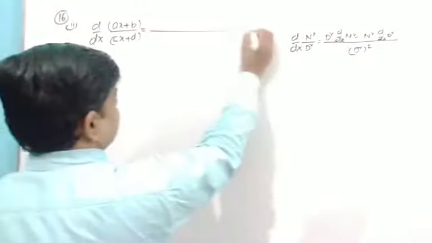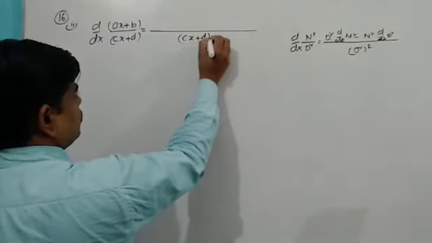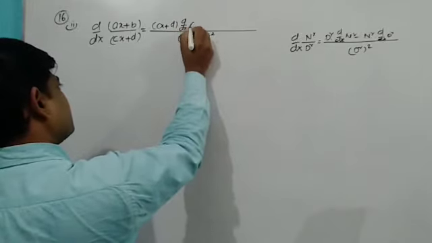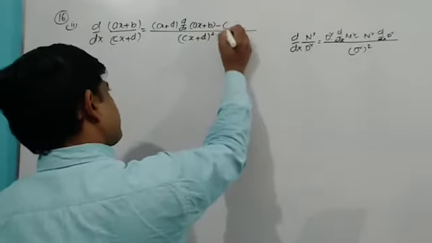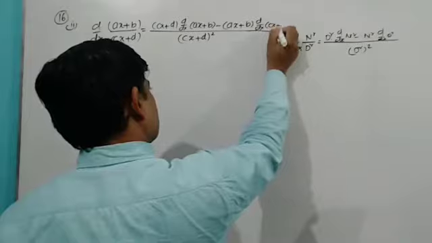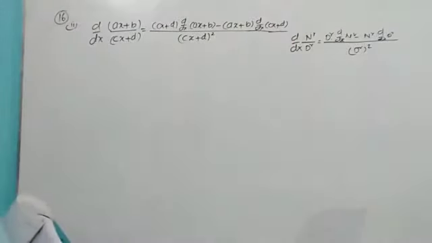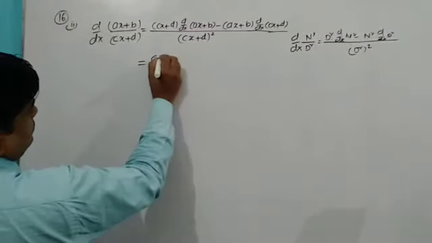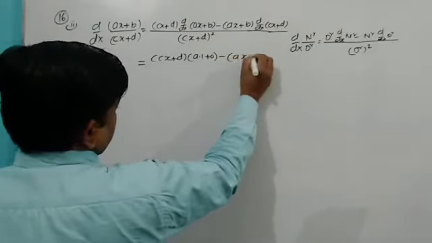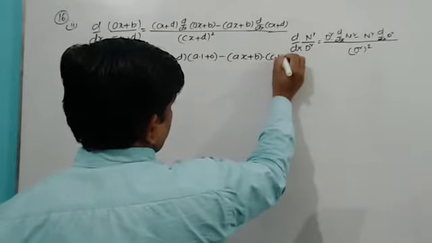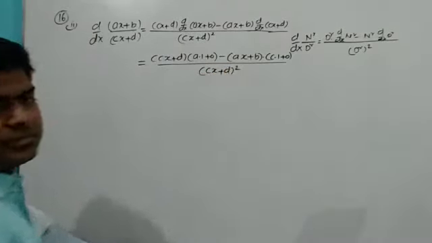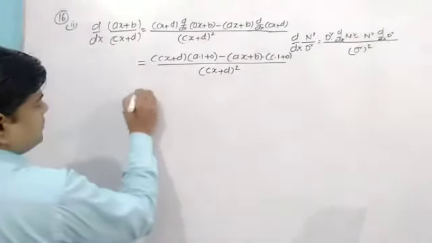So if I use that formula, I get (cx + d)^2 in the denominator, and in the numerator cx + d into d/dx of (ax + b) minus (ax + b) into d/dx of (cx + d). That is (cx + d) into a(1 + 0) minus (ax + b) into c(1 + 0), whole upon (cx + d) the whole square. Now we have to simplify only, and then you will get your result.